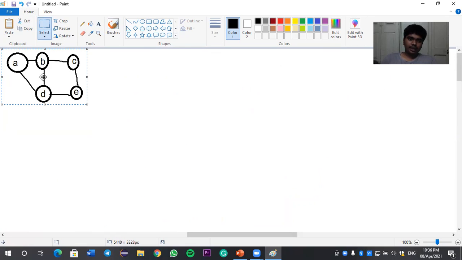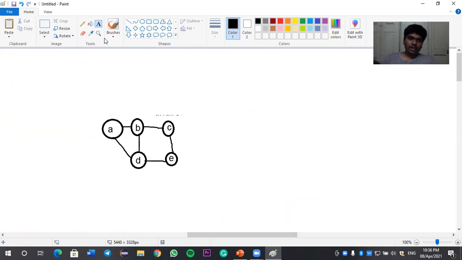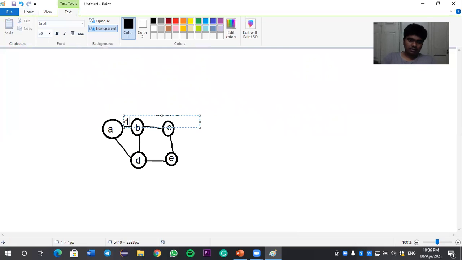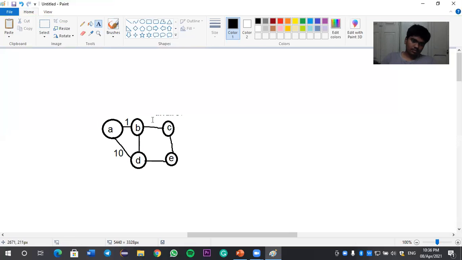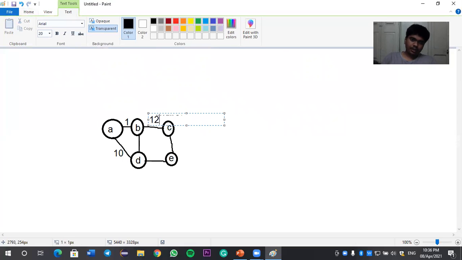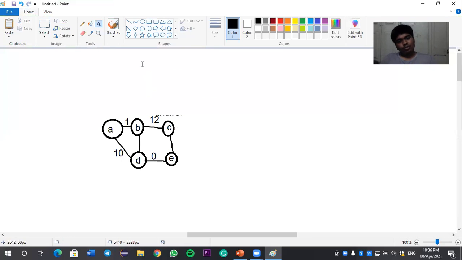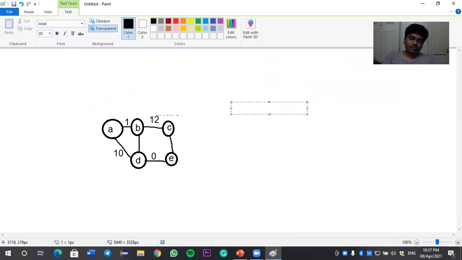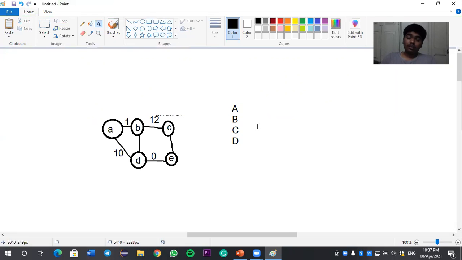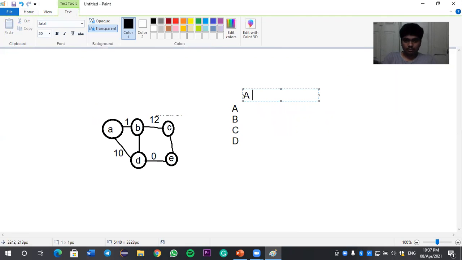So an undirected graph can be here. So we need to pass on some values. So I will pass here 10, 12, and then 0. So with this, we can draw it in the form of a matrix, sorry, in the form of a matrix only it is possible.